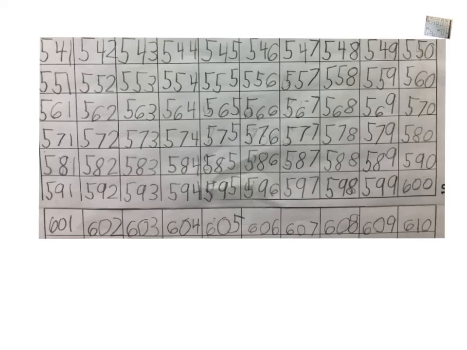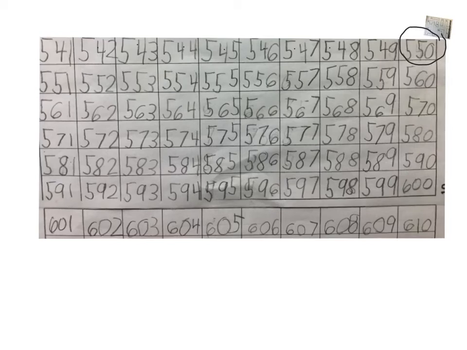Okay, boys and girls, here's a number model that starts at the 500s. If you notice, it's 541, 542, 543, 544, 545, 546, 547, 548, 549, and 550. So the pattern is just like the previous slide, but we have 500s. So we have 5 flats, 5 talls, and 0 smalls.